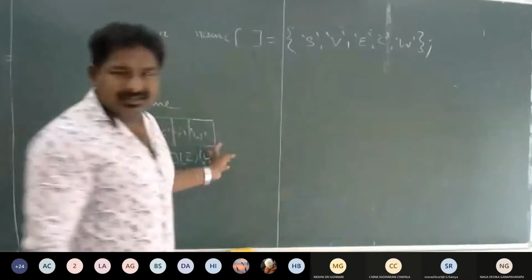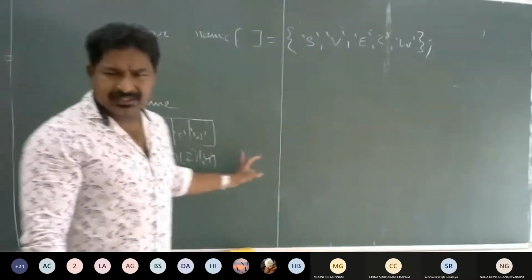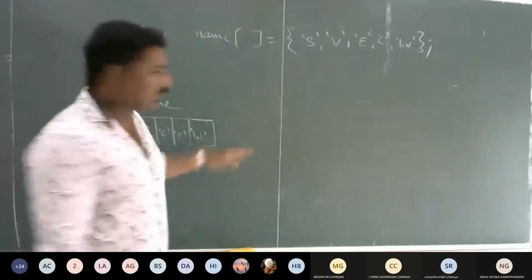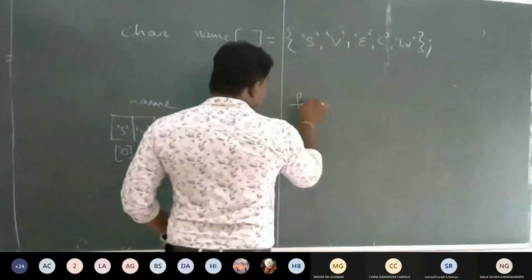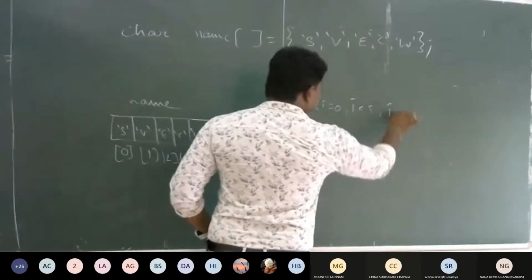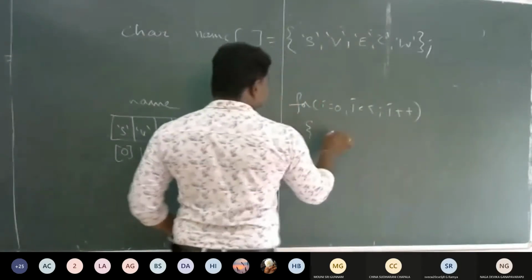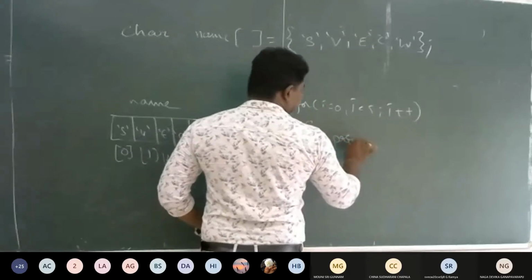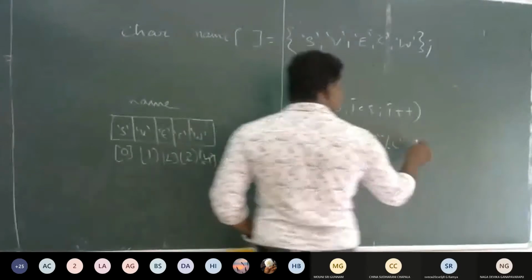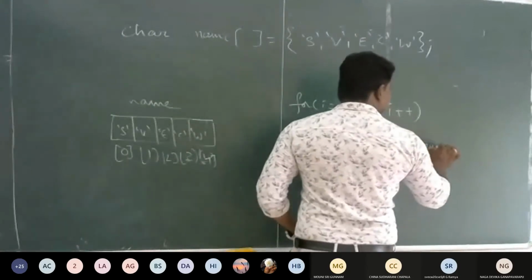What is the difference between a string and a character array? If I try to print this array, printing each and every character, for example, running a for loop for i equals 0, i less than 5, i plus plus, then printf %c, then name of i.